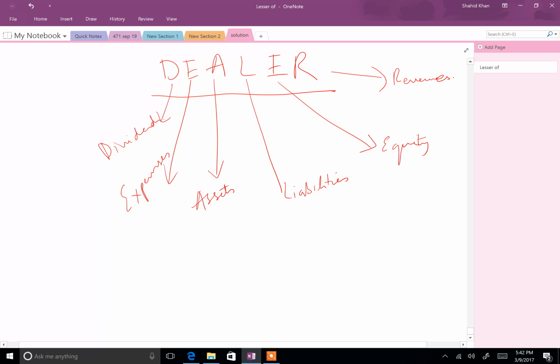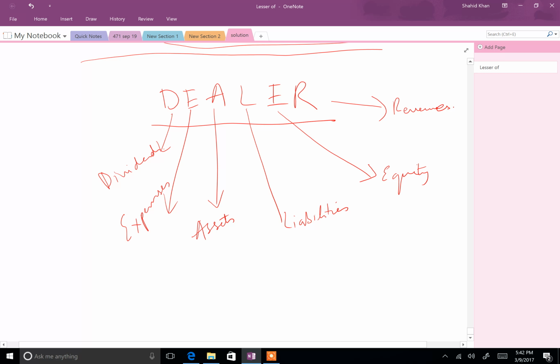So these six accounts are what we're going to talk about. In this word DEALER, if you put a line in there, the first three and the other three accounts have something different when it comes to debit and credit journal entries.